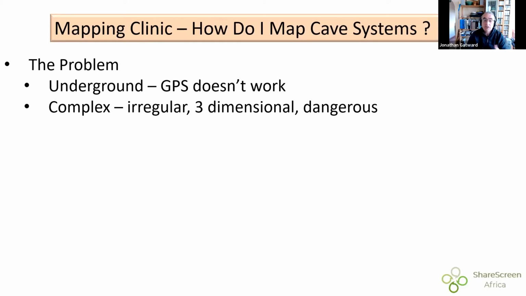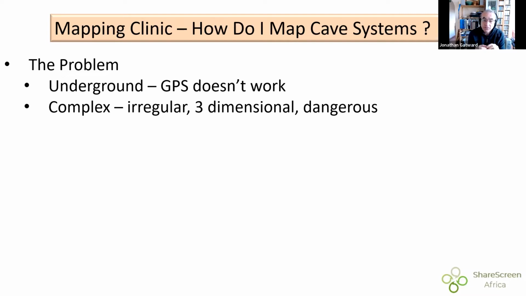And a typical way of producing maps and capturing field survey data is the use of GPS devices. But GPS doesn't work underground. They rely on having a locational fix from numerous satellites.